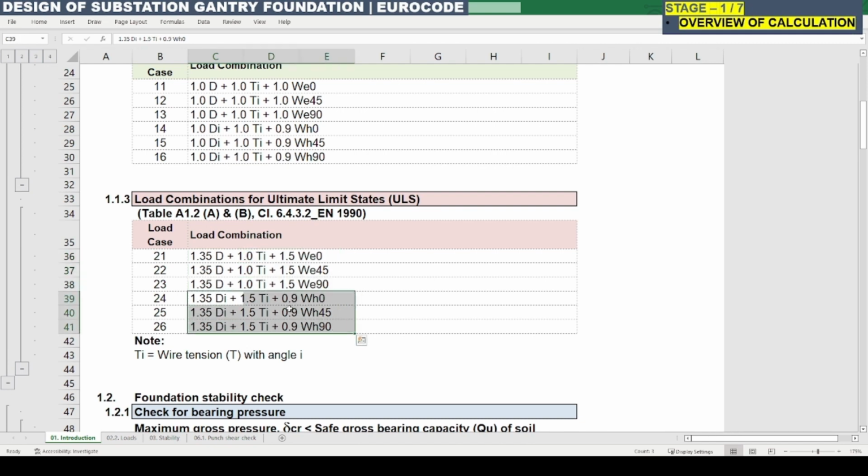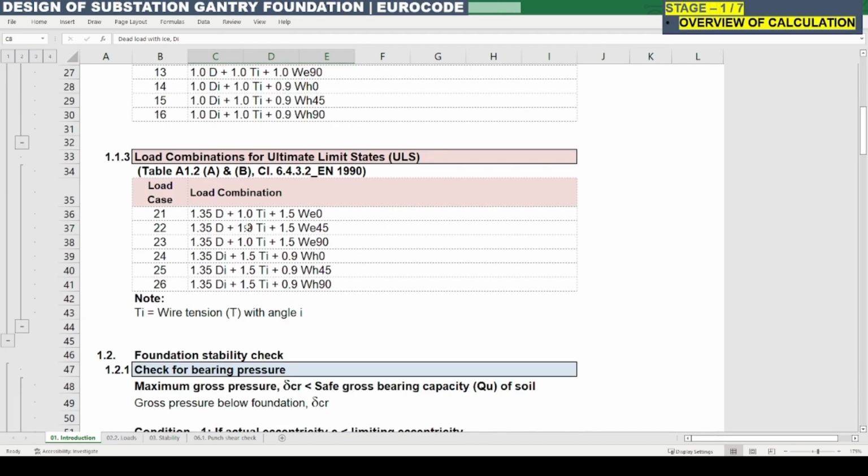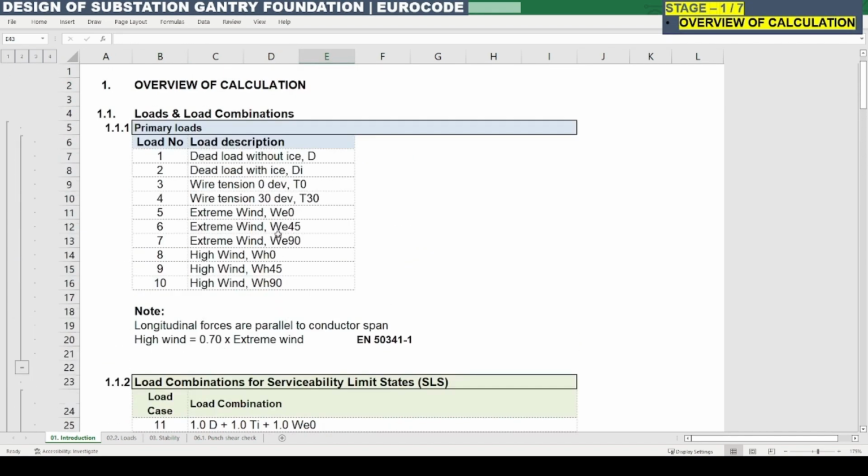Then another three cases are like 1.35 times DI, which is the dead load with ice which we had seen here, and wire tension Ti and 0.9 wind. Here Ti means wire tension according to the inclination or deviation of angle. Here we had considered two types of wire tension.